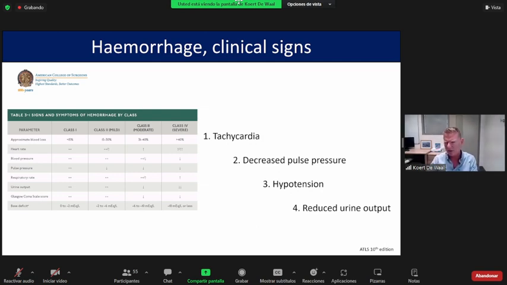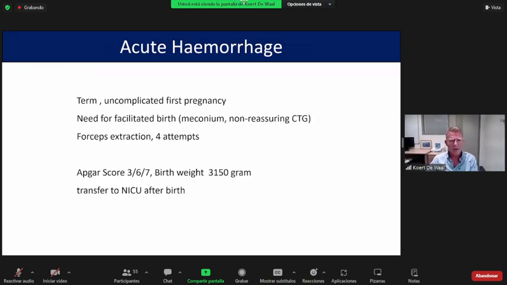That's not something which is there. And I think that phase is actually really short. So by the time the transport is required, you're already into the decreased pulse pressure and hypotension phase, where the heart rate actually can be lower. I will show you that in a case example.